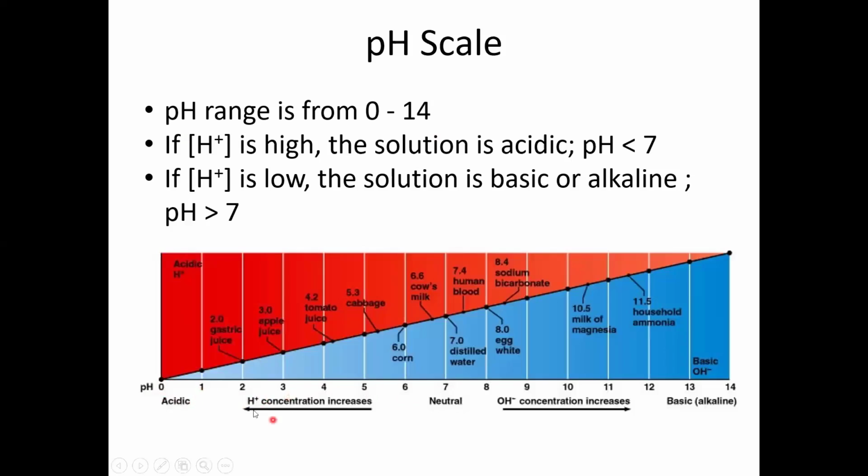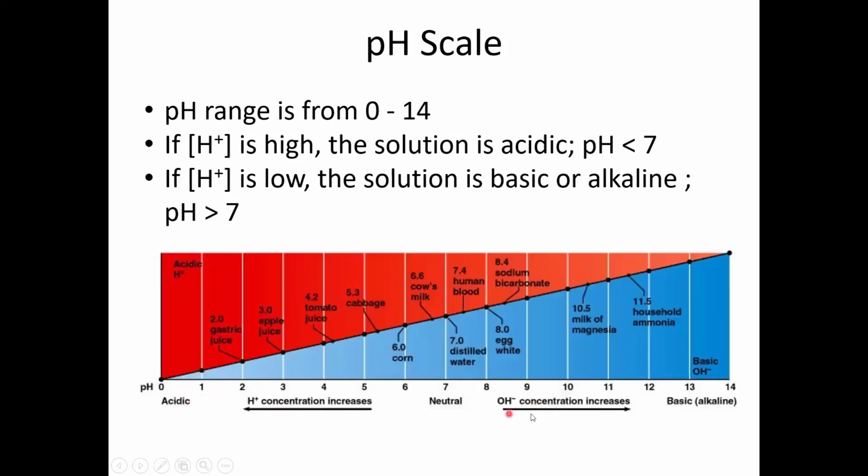If hydrogen ion concentration is high, if more and more hydrogen ions are present in the solution, it means the solution is acidic. In solutions having pH 1, more and more hydrogen ions are present. This type of solution contains the highest hydrogen ion concentration.